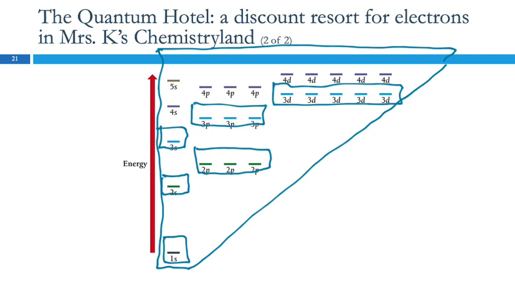But what this is really telling us is how much does it cost to sleep in the room? The 1S room is the cheapest to stay in, and then 2S is next, and 2P, and 3S, and 3P. 4S is cheaper than 3D. Why? I don't know. How do they decide how much the hotel room should cost?